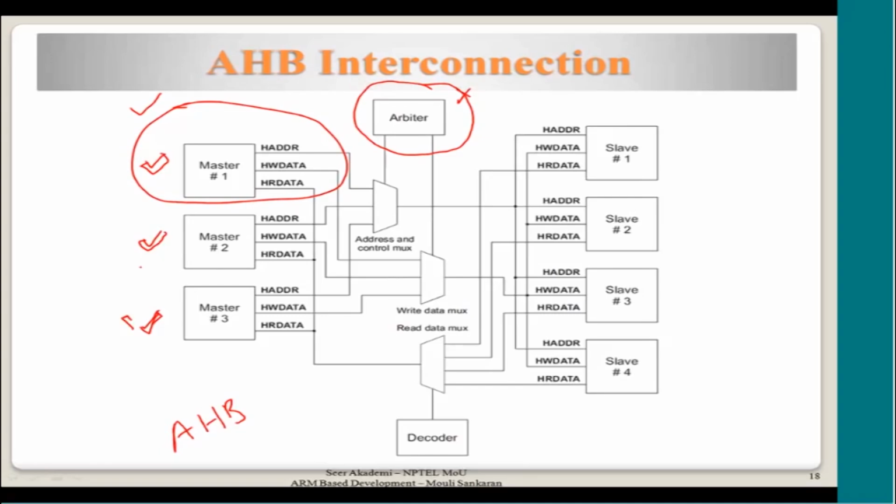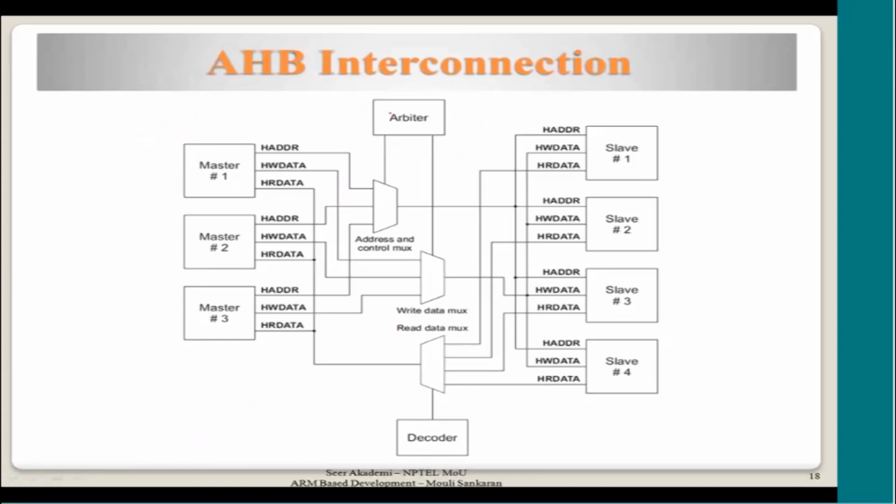Unless there is somebody centralized who is looking at the transactions happening over the bus, the individual masters may not be aware of what is going on. That is why the centralized arbiter takes care of giving access to the bus. It can even associate some master as a default master.